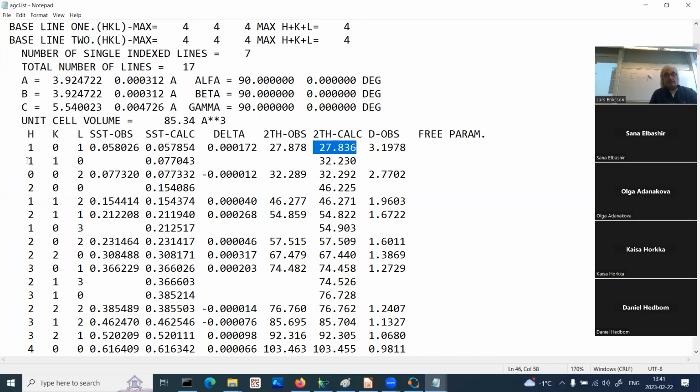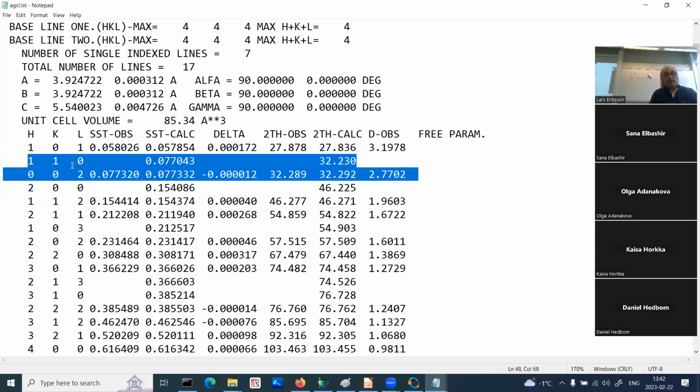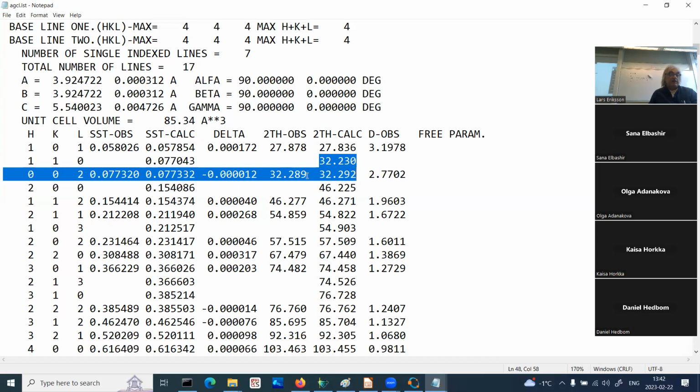Some observed lines are accompanied by another 2D index combination. 110 and 002 obviously come at approximately the same position. The calculated positions over here, 32.230 and 32.292, are both, I think, within 0.1 degree of the observed line, and then they are both listed.